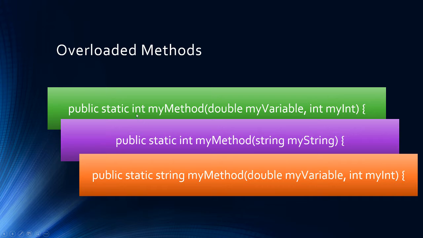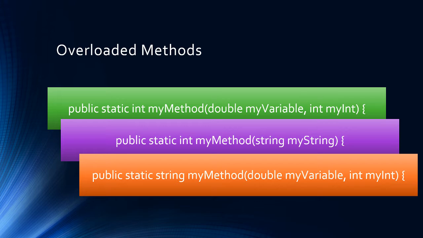The first instance returns an integer value as output. It expects as input a double value and an integer value. The second instance returns an integer value, but it expects as input a string. And the third instance returns a string and expects as input a double and an integer.